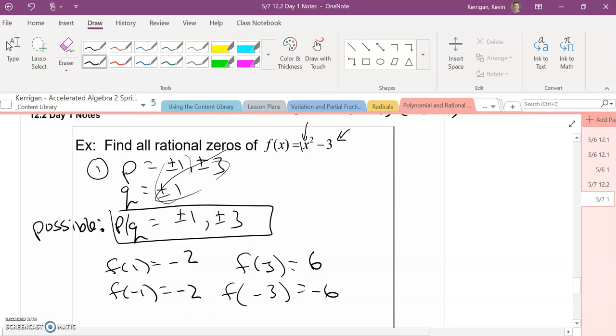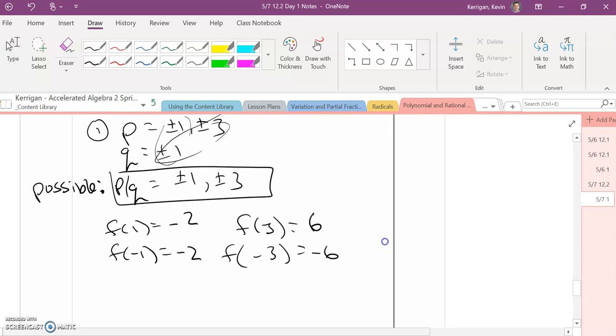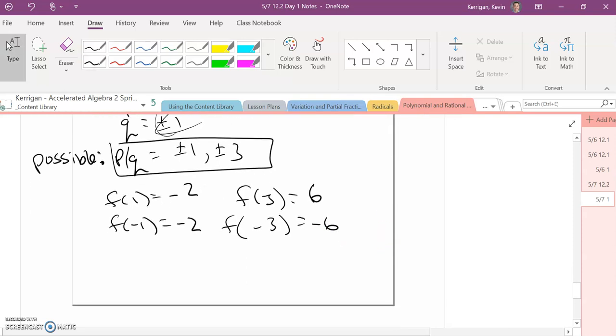Notice I evaluated all of my P over Q's, and not one of them gave me an answer of 0. All that tells me is that there are no rational zeros. Now, what I need to say here, triple star, okay?